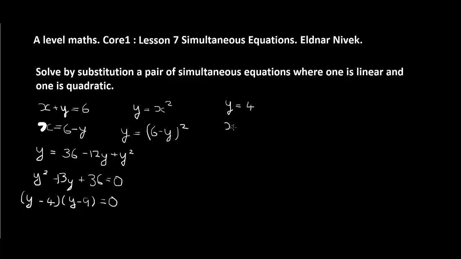If y equals 4, substituting that in x plus y equals 6, the original linear, we've got x plus 4 equals 6, so x equals 2. So that's one set of solutions: x equals 2, y equals 4.